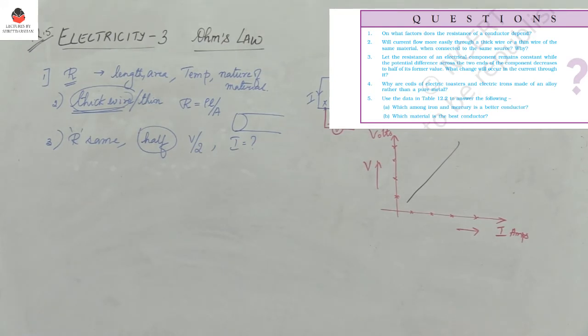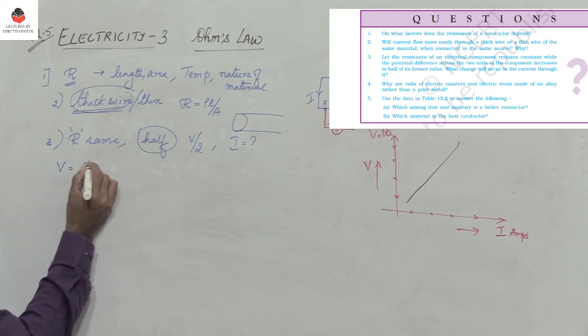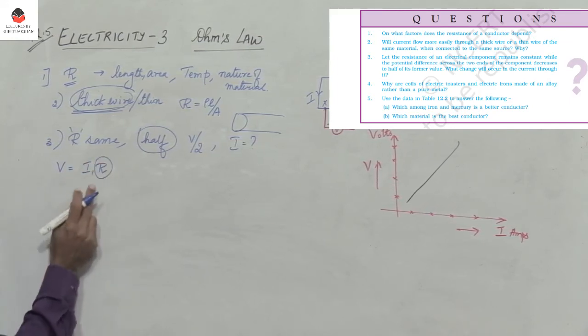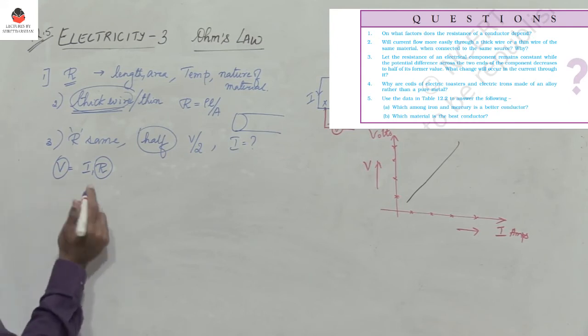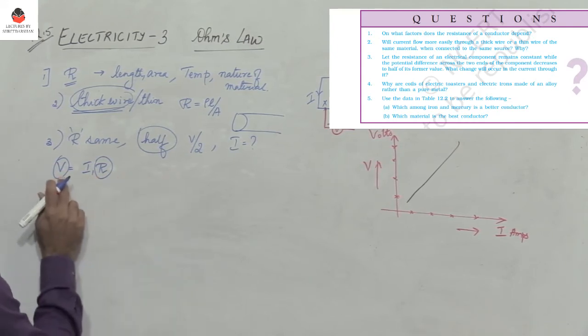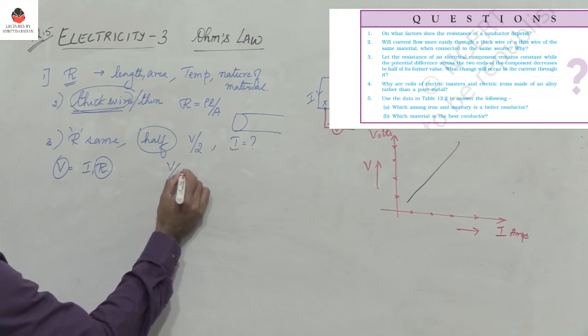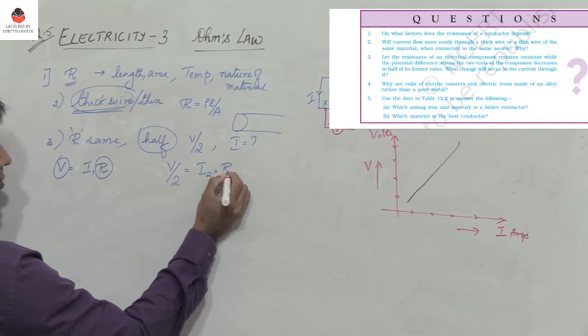Let's assume that V equals I1 into R. So resistance is R, voltage is V, so the current is I1. Now what has happened? The resistance is the same, but voltage has become half. So I have V by 2 equals some other current I2 into R.